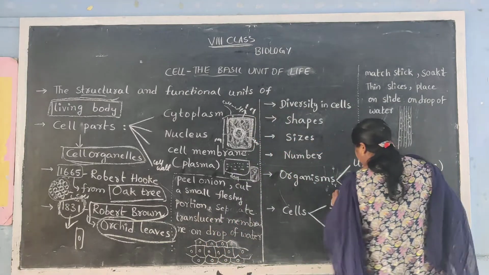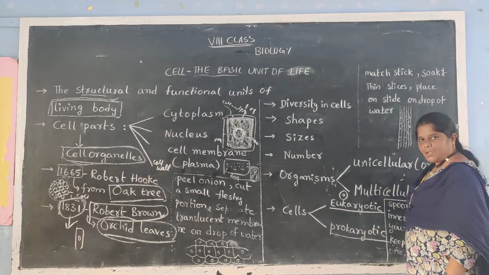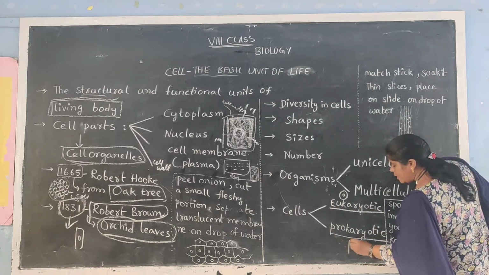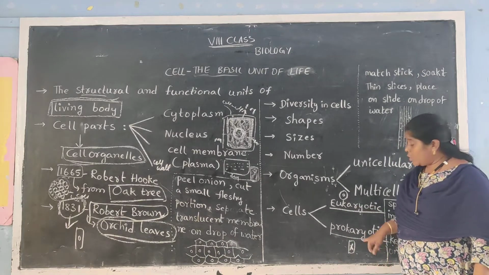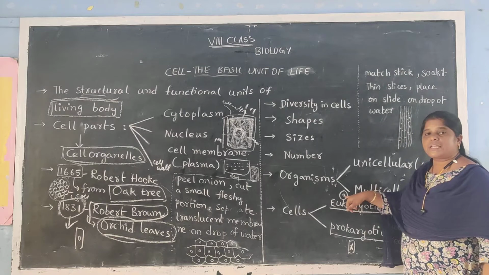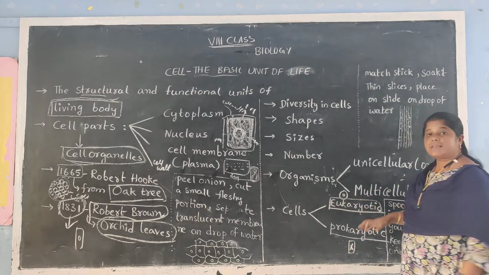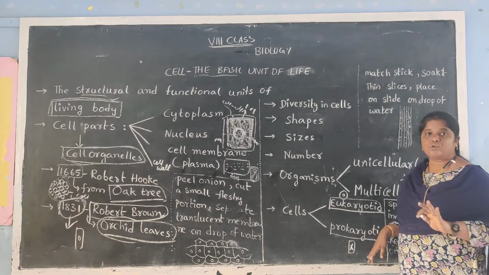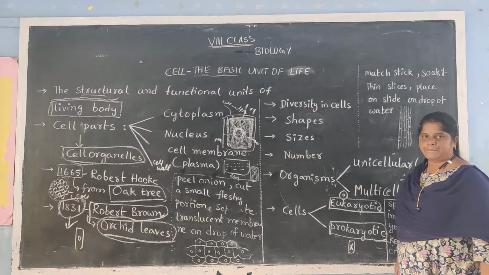Eukaryotic cell means the cell which is having nucleus. And prokaryotic cell means which is not having nucleus. So the cell which is having nucleus can be termed as eukaryotic cell, whereas the cell which doesn't have nucleus is termed as prokaryotic cell.